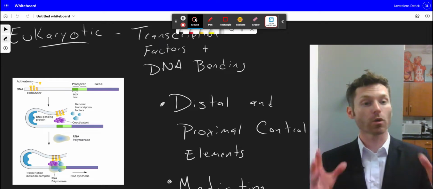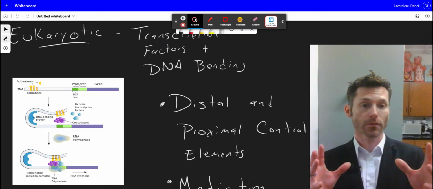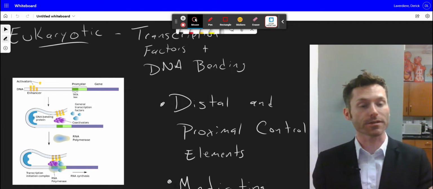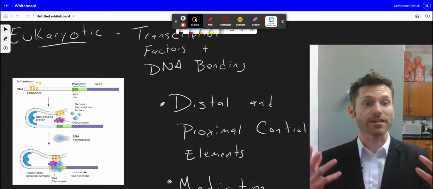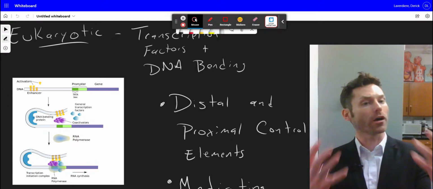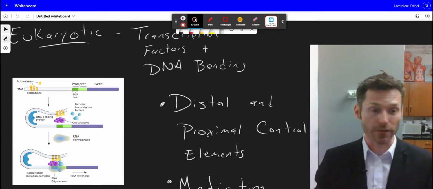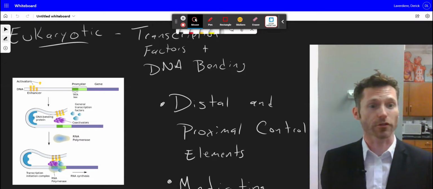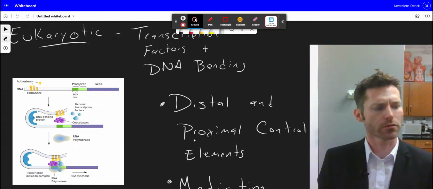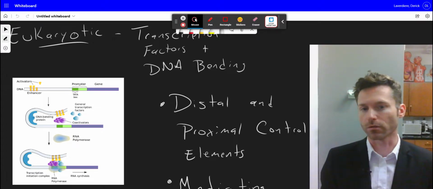Related genes will have the same distal and proximal control elements being turned on by the same transcription factors. So when that stimulus comes, they all get turned on at the same time, even though they're in vastly different locations on different chromosomes. Still pretty cool. Less cute, more cool.